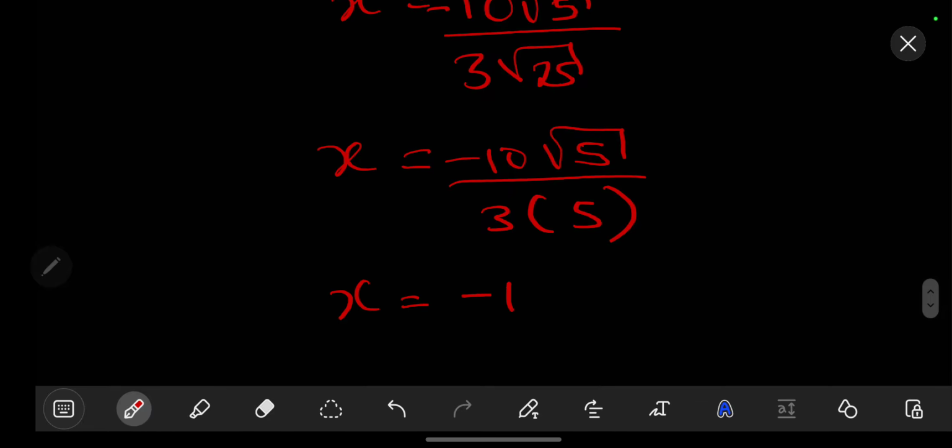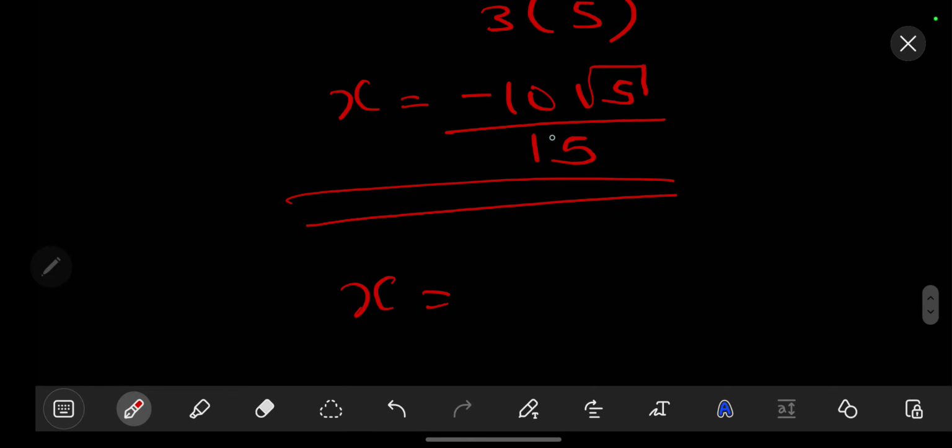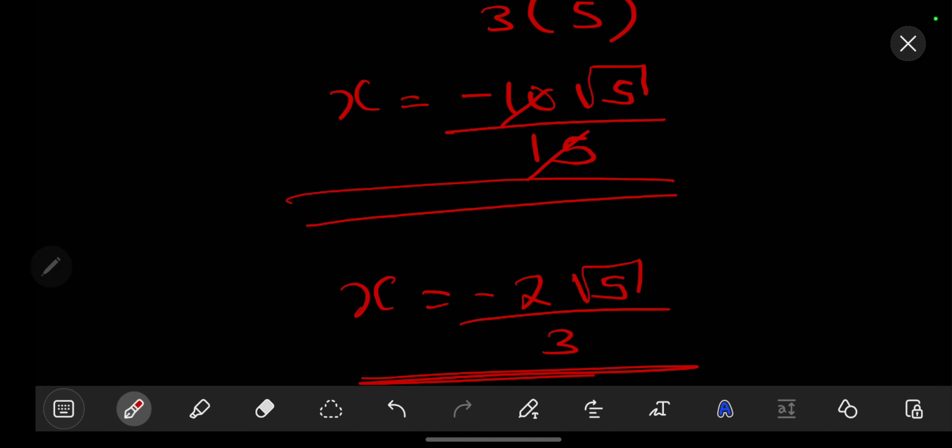Our x can be equal to negative 10 square root of 5 over 15. So this is our value of x, which can be reduced, 5 can enter into both. So we are going to have negative 2 square root of 5 over 5 divided by 15 gives us 3. So this is our value, in the conjugated form.